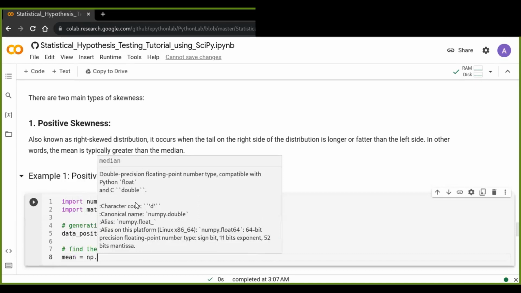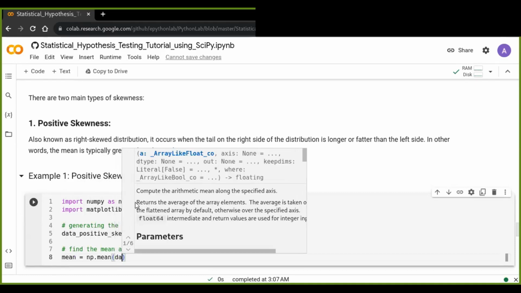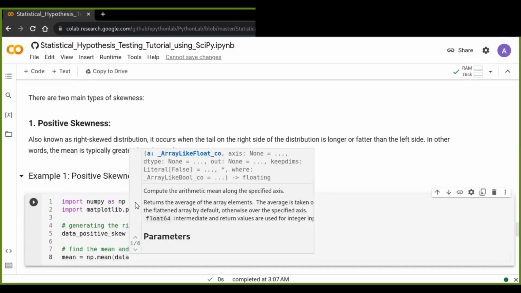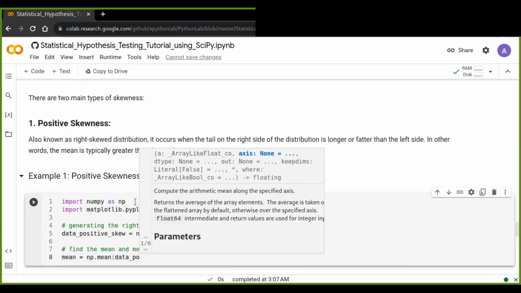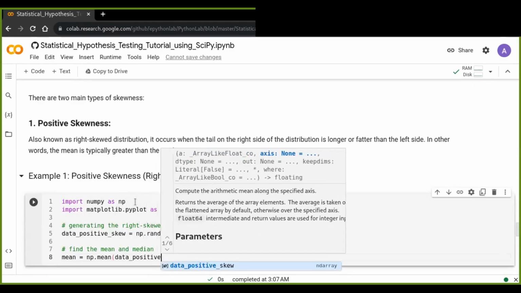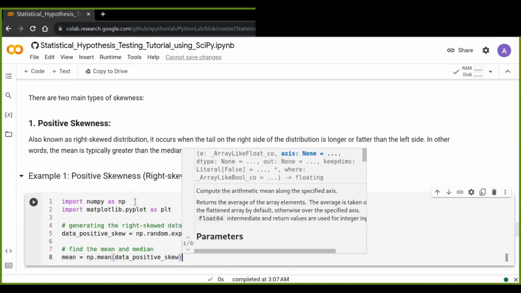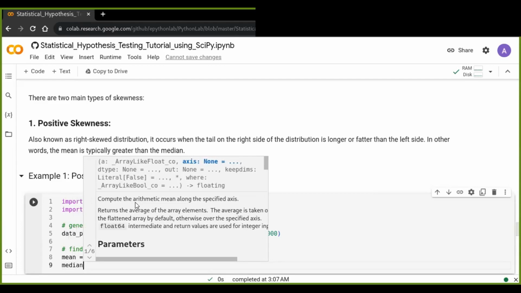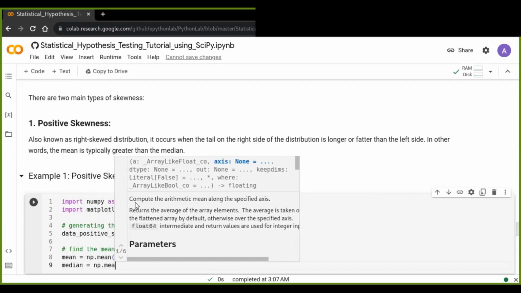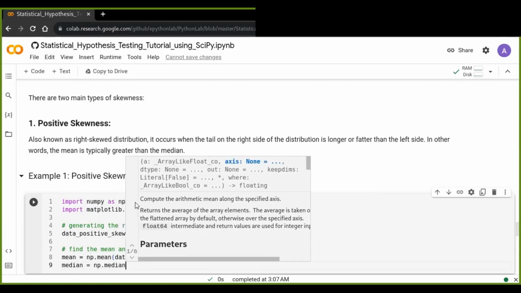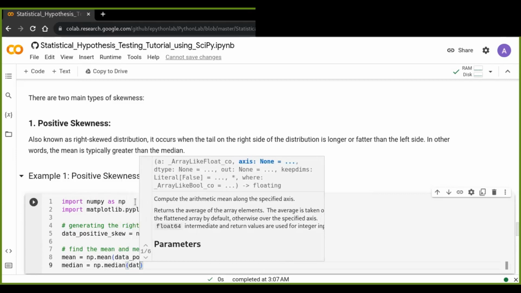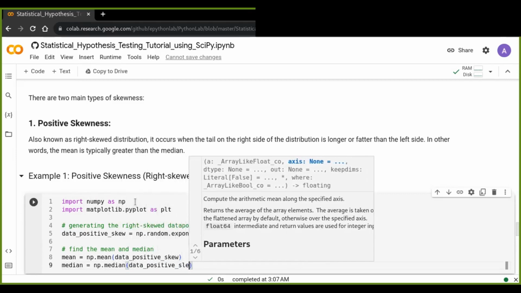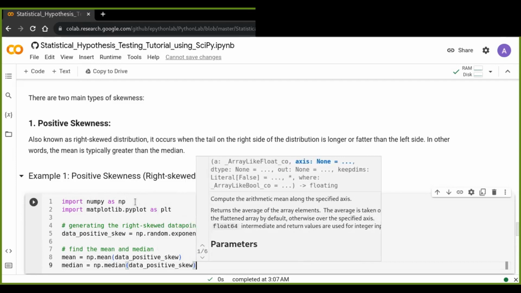The mean, we can use mean if our data is positively skewed. And the median. Okay.